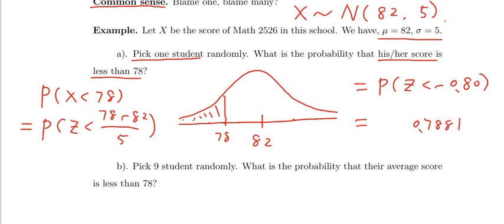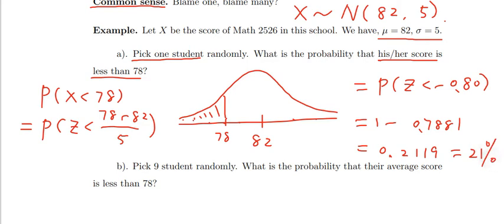But here it's negative, so we should use 1 minus. Don't forget the 1 minus. So we find this equals 0.2119, so such a chance is about 21%.